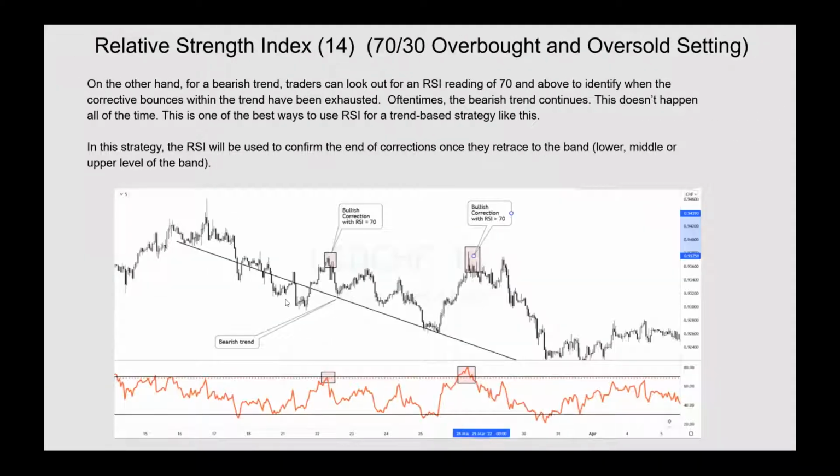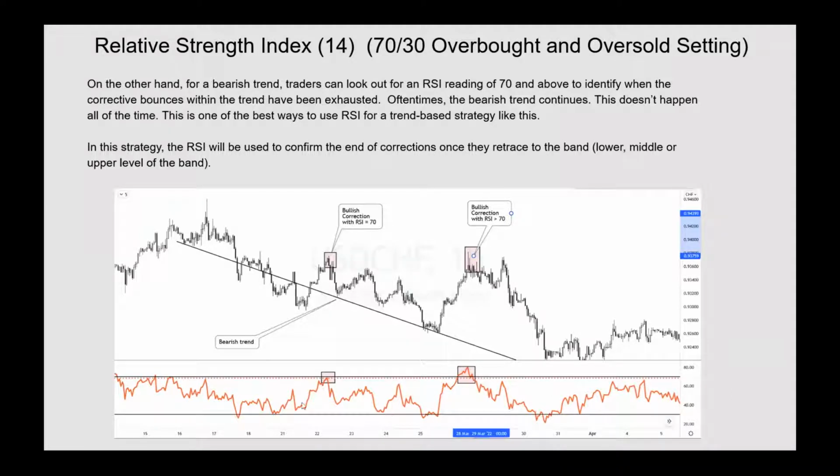So the same thing when the price is trending downwards. You're going to make use of the overbought RSI indicator. So you look for it to get to 70 or more. And then you can confirm the end of correction and sell. As you can see, since this bearish trend started from here, we didn't have too many touches of the overbought region, but we had so many touches of the oversold. 1, 2, 3, 4, 5, 6, 7, many of them, right?